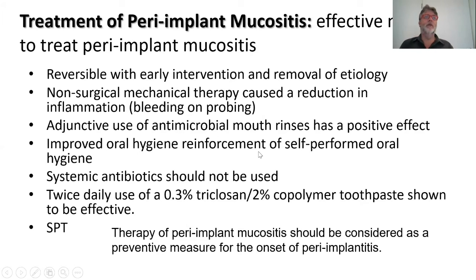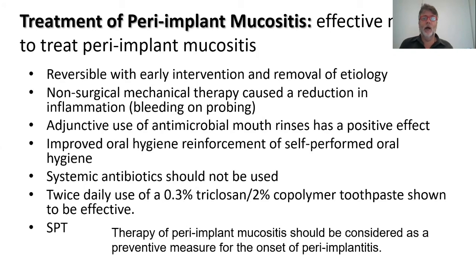So again, if somebody comes in with this, far too often, dentists will just give them a pack of metronidazole and say, go away, without using it. Now, in this paper, twice daily use of a triclosan and 2% copolymer toothpaste was used, and they said it was effective. And then going forward, there's supportive periodontal therapy.